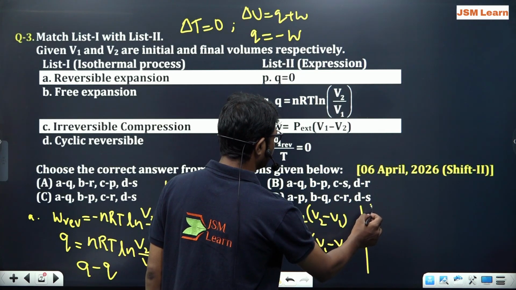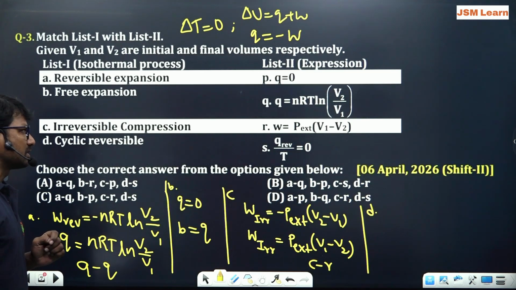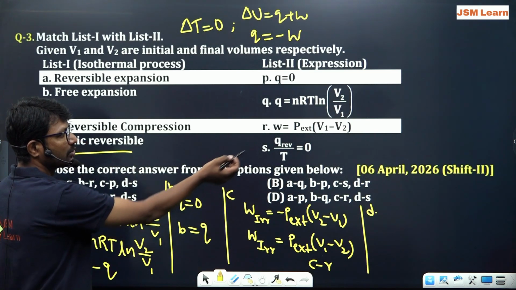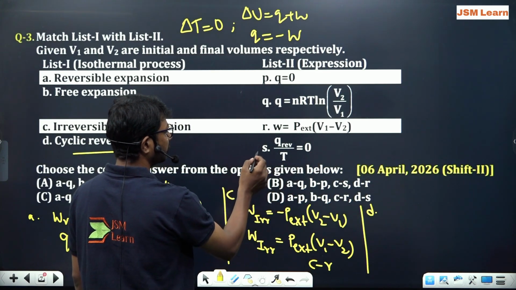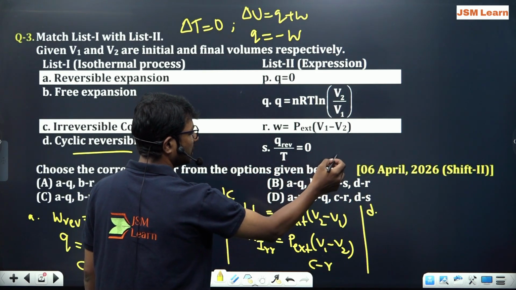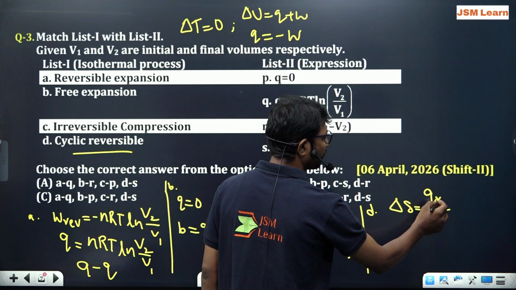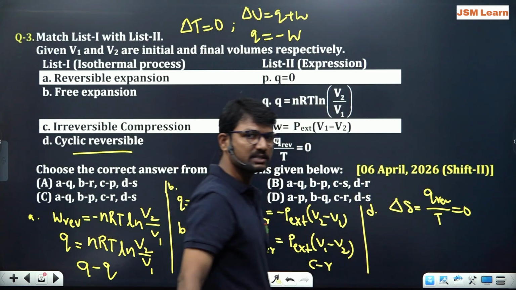So now the next one, D, cyclic reversible process. In a cyclic process, all the state functions will become 0. So which expression is indicating this? Delta S. So we can write delta S is equal to Q reversible upon T. In a cyclic process this value will become 0.